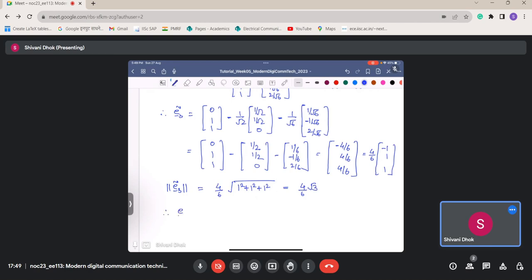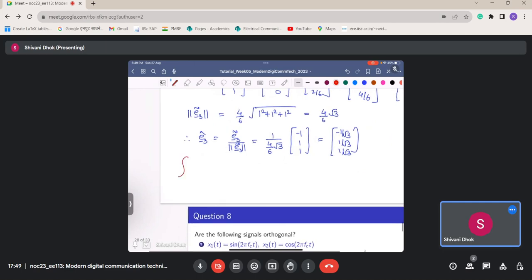Therefore this e3 hat, which is equal to e3 tilde upon norm of e3 tilde, comes out to be 1 upon 4 by 6 root 3 multiplied by (minus 1, 1, 1), which comes out to be minus 1 by root 3, 1 by root 3 and 1 by root 3.